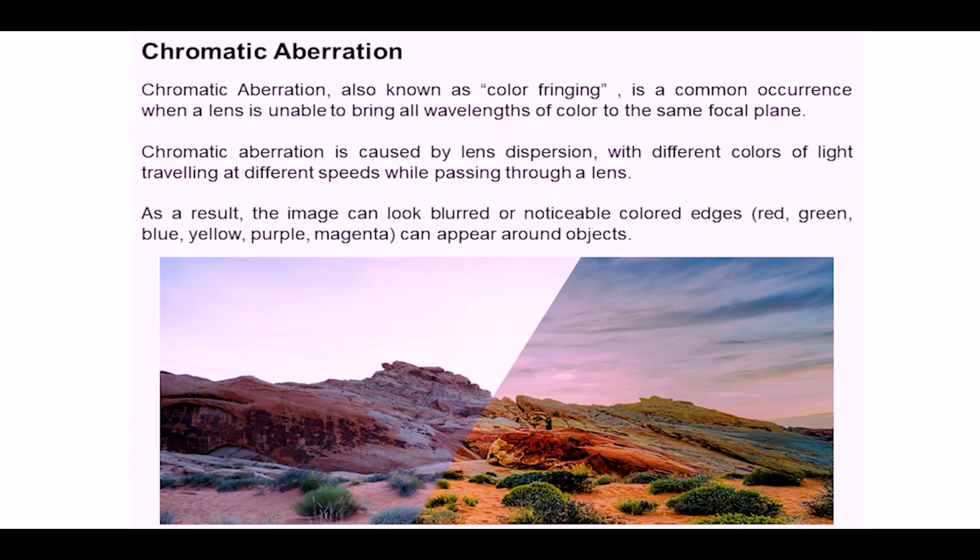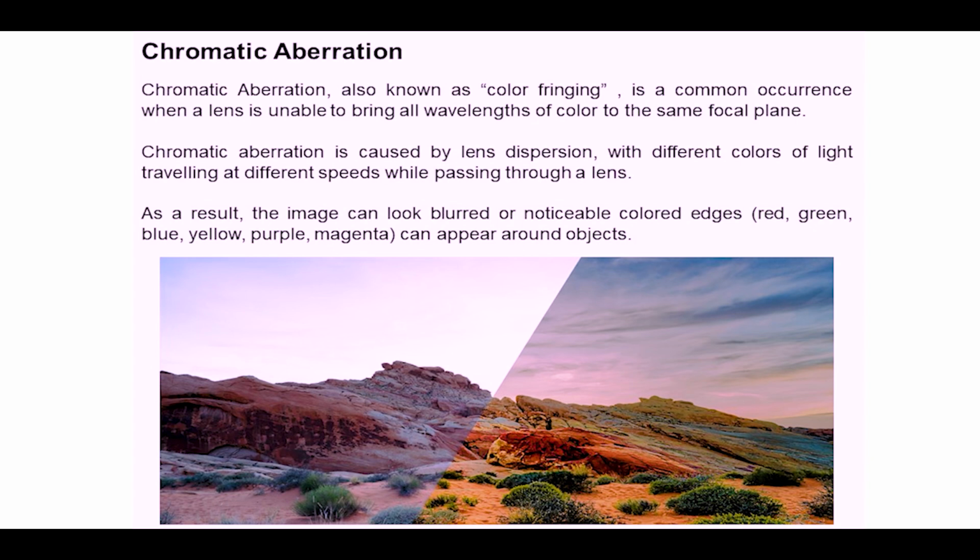So when the light rays refract and come to a common focal point, some of the wavelengths of the colors might not be coming, and then there will be color fringing. This will be very well explained when you look at the picture, where you will see some kind of bleeding of color at the periphery of the picture.